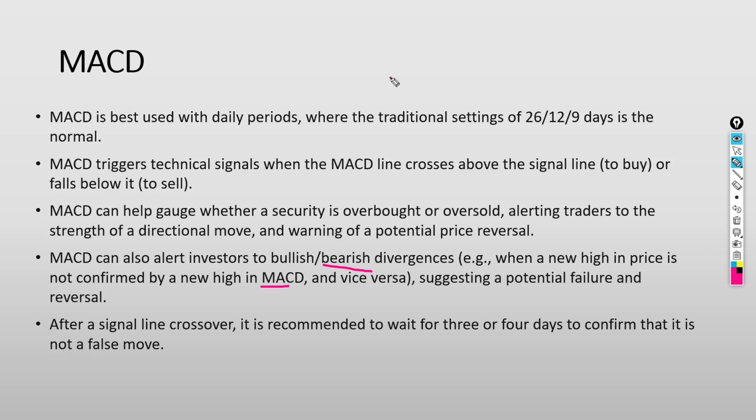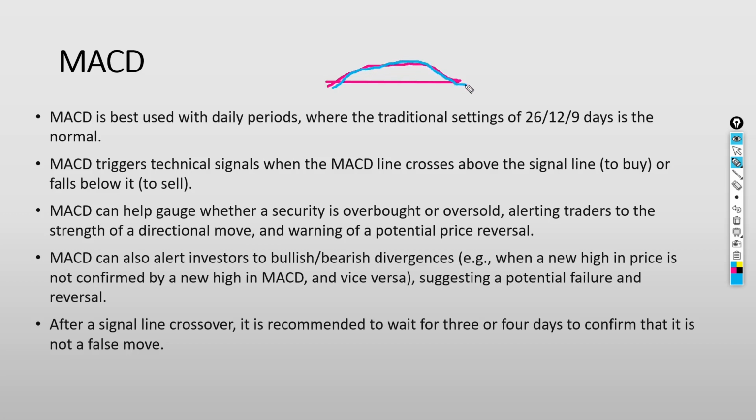What we're saying is that this is the zero line of the MACD. When you have two lines, let me say the red line and maybe the blue line, like in your settings.